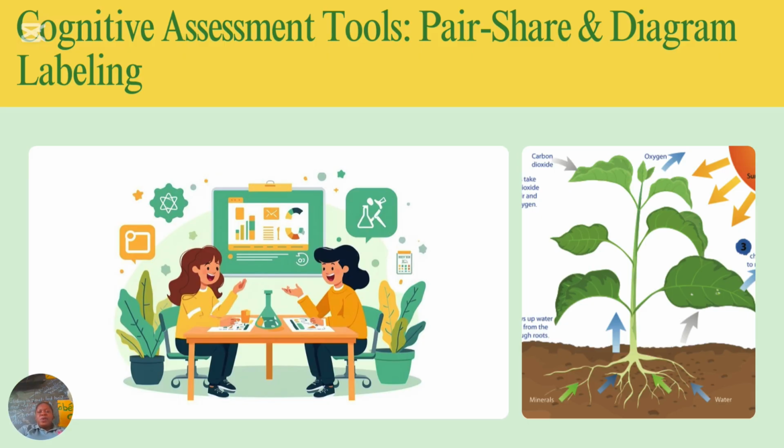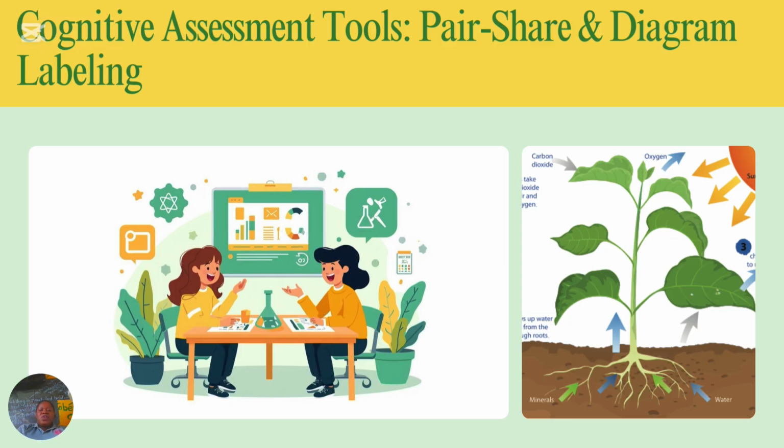The first one, to assess the cognitive skills, we quickly use affirmative checks like thumbs up and thumbs down to recall the requirements for photosynthesis. Students were then paired with another classmate to see if they understand the photosynthesis process and how the plant makes food.